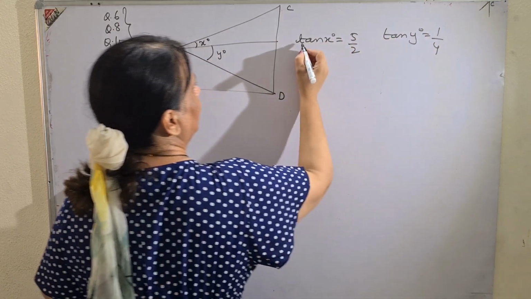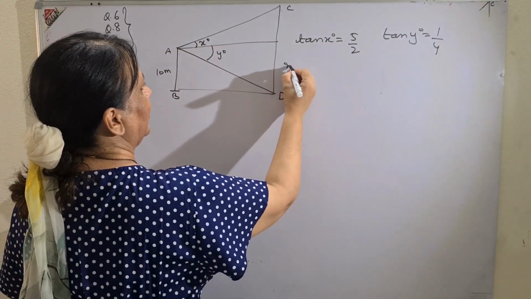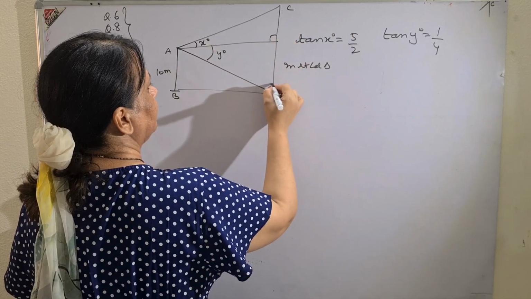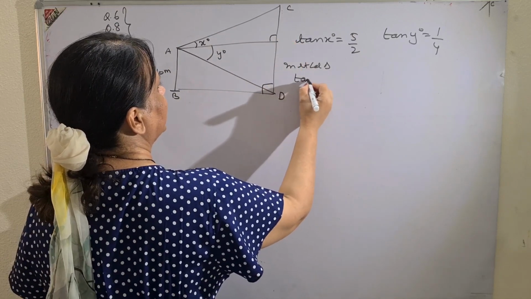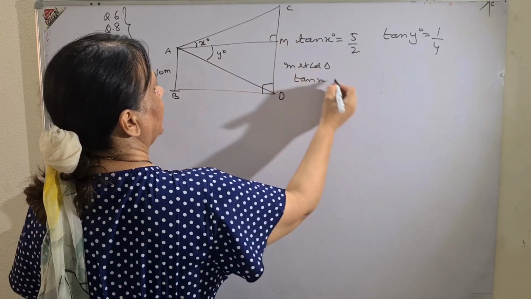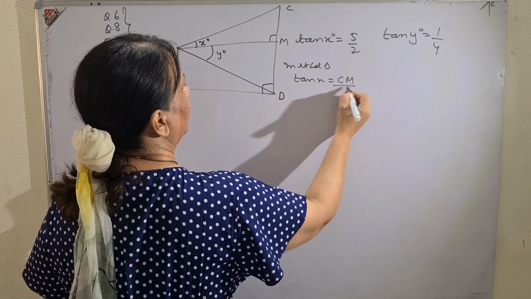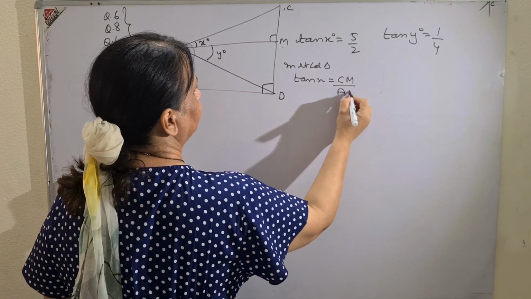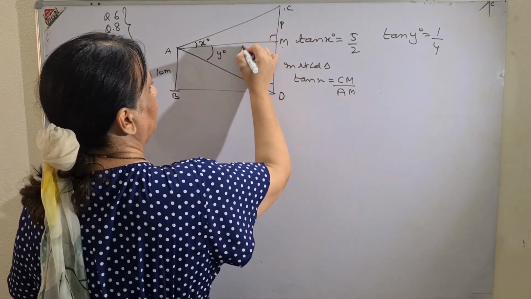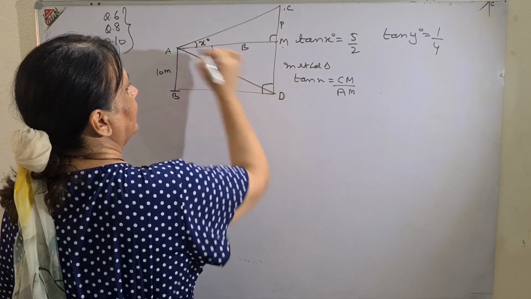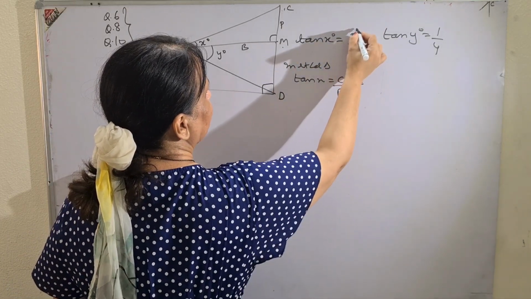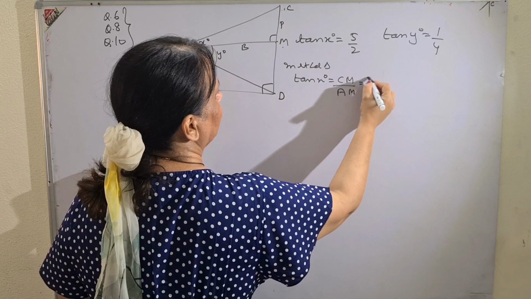Please be careful. Now tangent x, I am writing here in the right angled triangle, tangent x is equal to CM upon AM. Perpendicular over base in a right angle triangle, CM upon AM, or you can write tangent x as given in the question is 5 by 2.